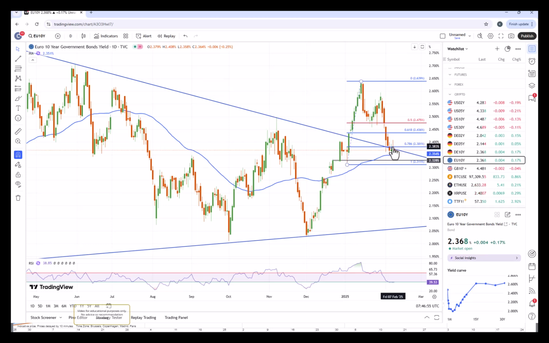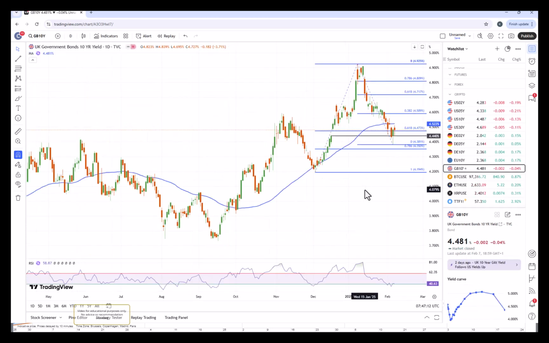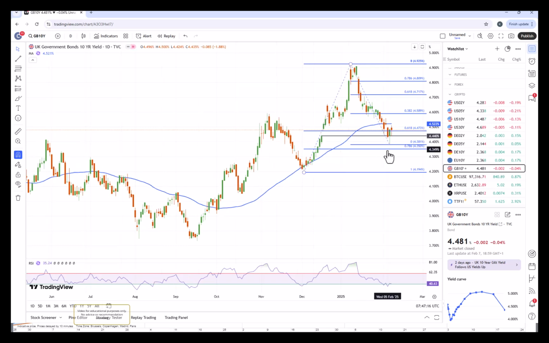A lot of volatility going on, and as long as it stays above 231, then it could bounce, and if it starts moving back above 245, I think we will see it resuming uptrend. The UK 10-year also bounces just above the 786 retracement at 435. If it starts moving back above 460, uptrend has resumed.